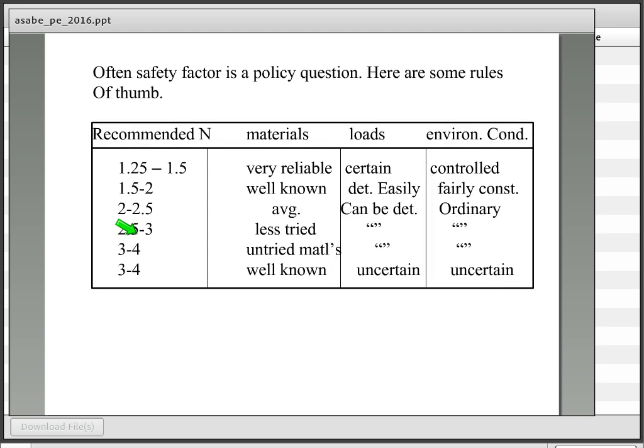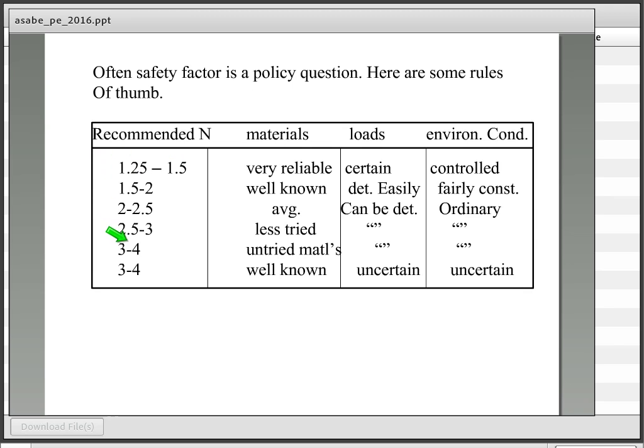And here I'm simply listing out some examples of the factor of safety ranges. If we very well know our materials and we are very certain about loads and we have controlled environments for this part to operate in, then we can get by with a factor of safety which is in the neighborhood of 1 or slightly over 1.